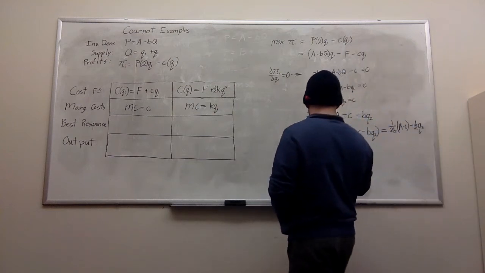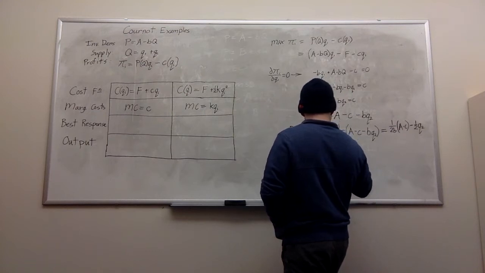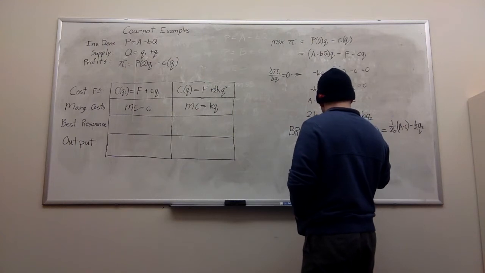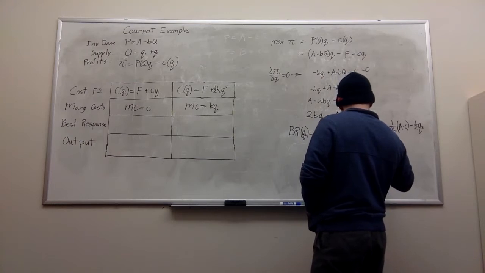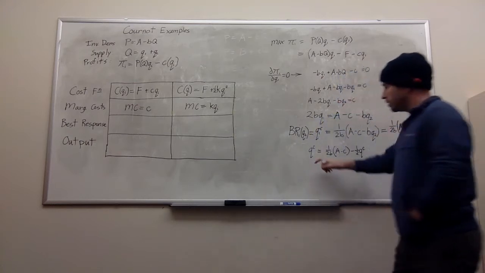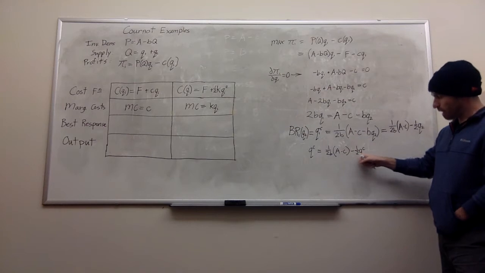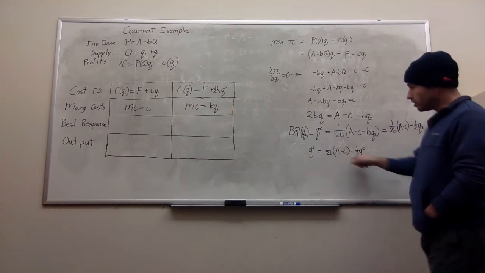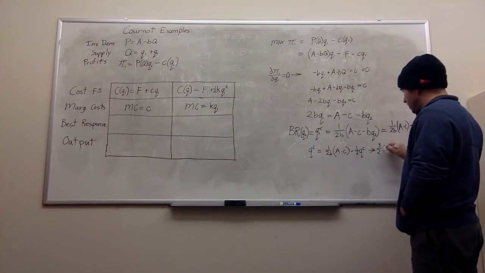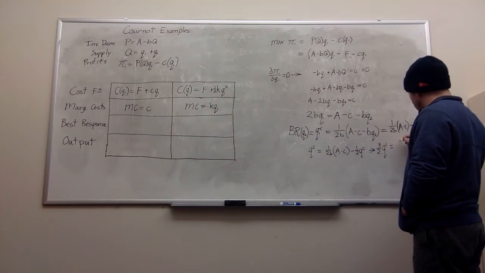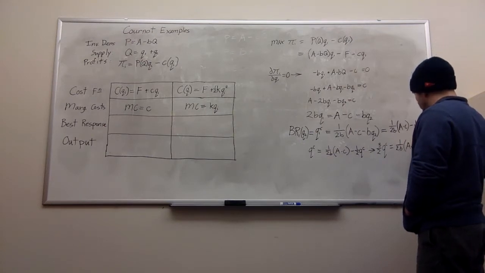So I have QC is equal to 1 over 2b times A minus C minus 1/2 QC. So I just add this QC over here, and that's going to give me 3/2 QC equals 1 over 2b times A minus C.